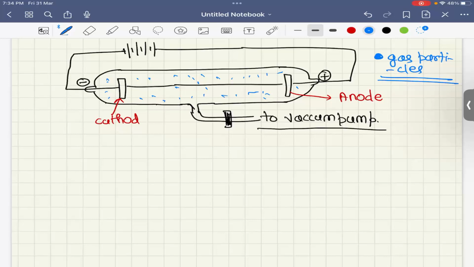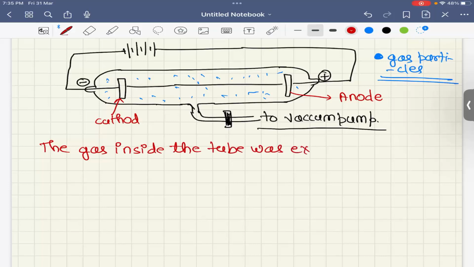Basically, the gas inside the tube was exposed to high voltage and low pressures.